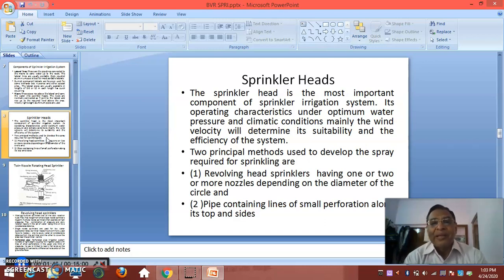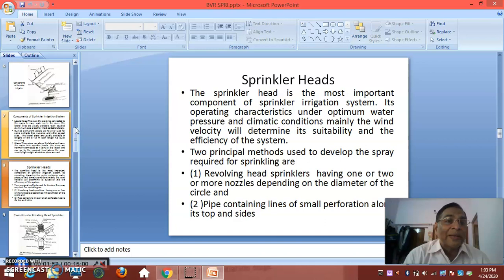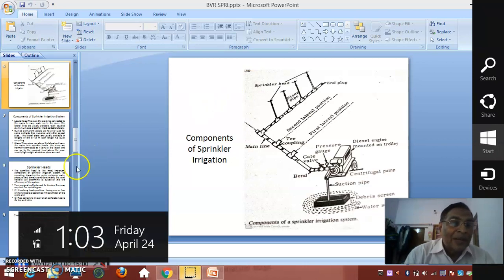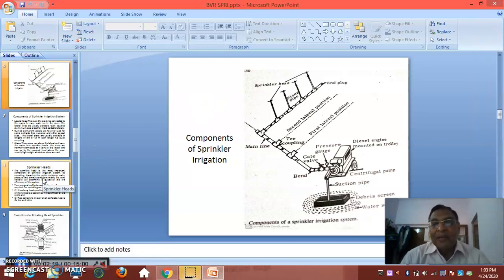What is the sprinkler head? Earlier we showed it minutely in this slide, the top one. It is a very important component. In these sprinkler heads there is normally a lot of mechanism.